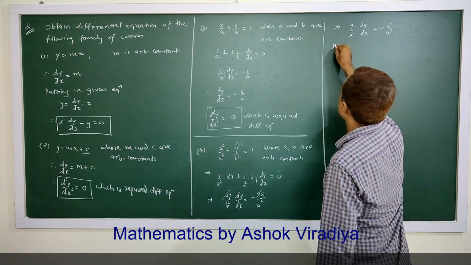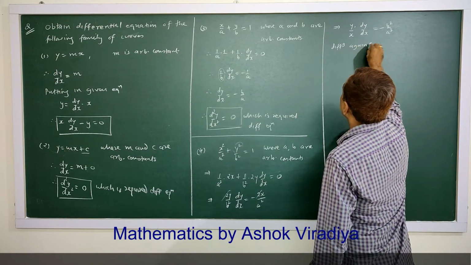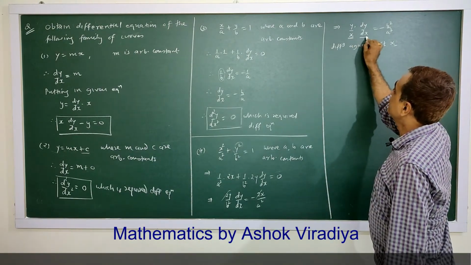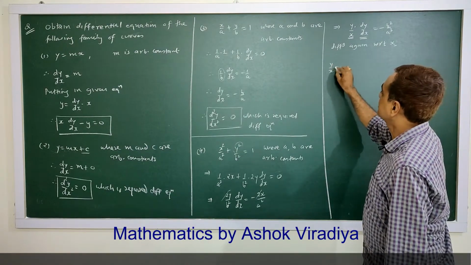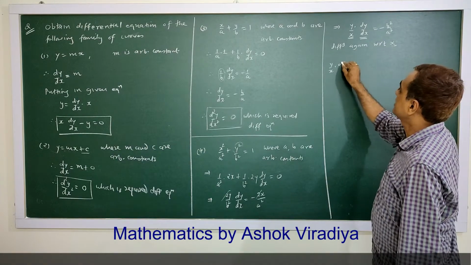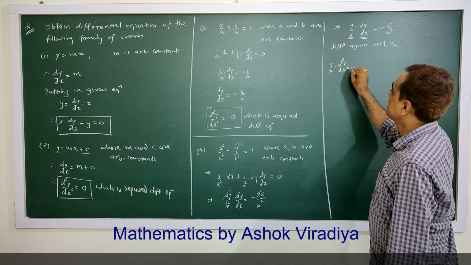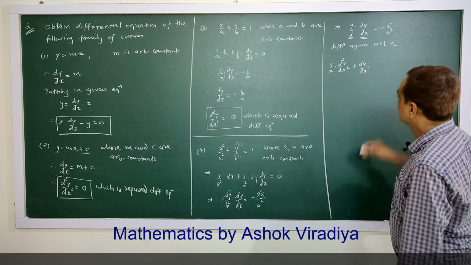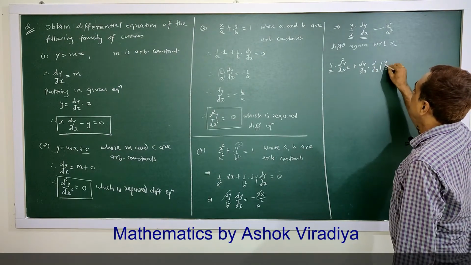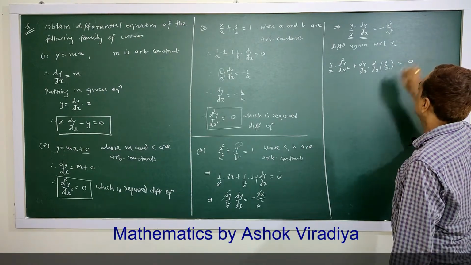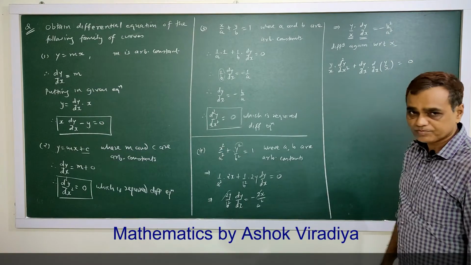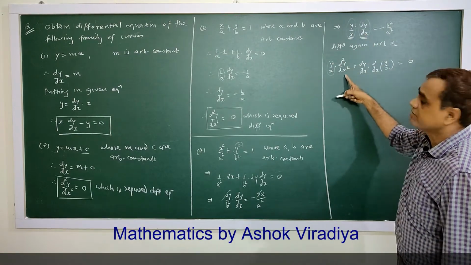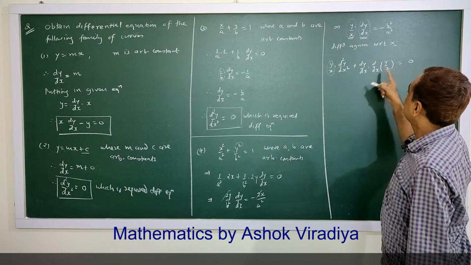So now differentiating again with respect to x, here we use u into v: u as it is, derivative of v, plus v as it is, derivative of u.